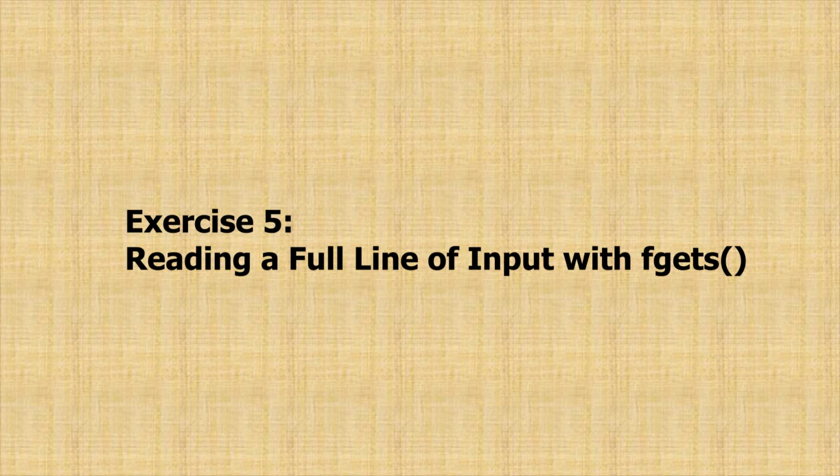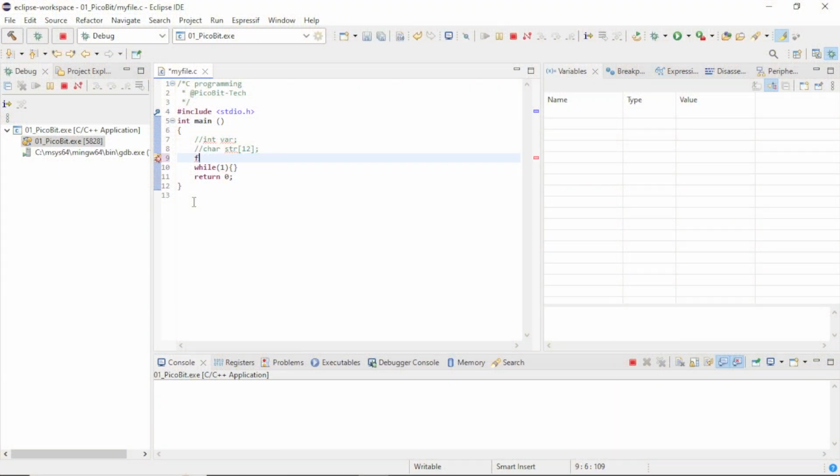Exercise 5, reading a full line of input with fgets. The fgets function reads a complete string even if it contains spaces. Its syntax is shown on screen. fgets: str is the string variable to store inputs.